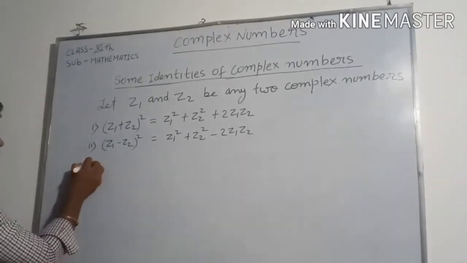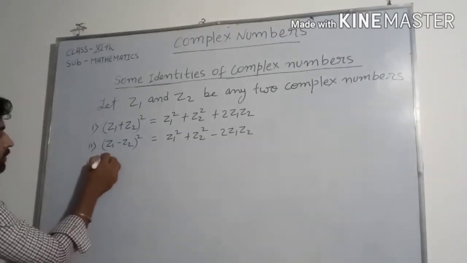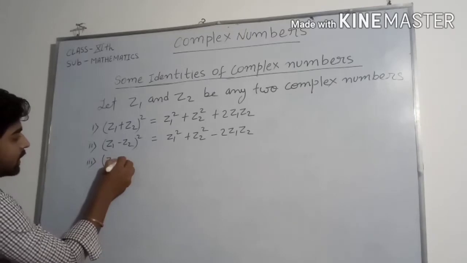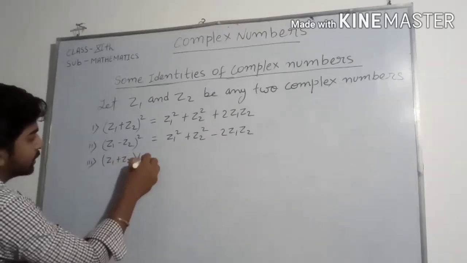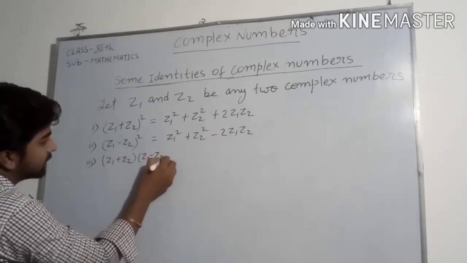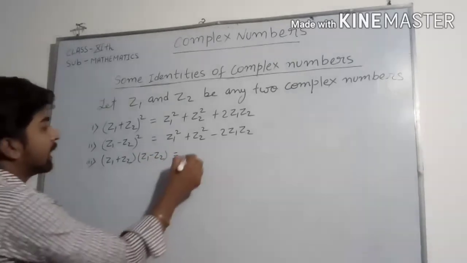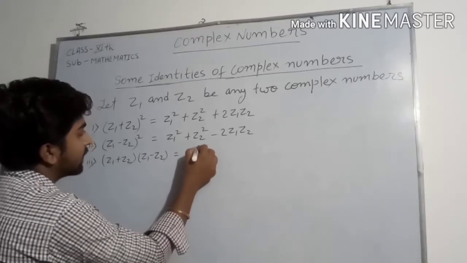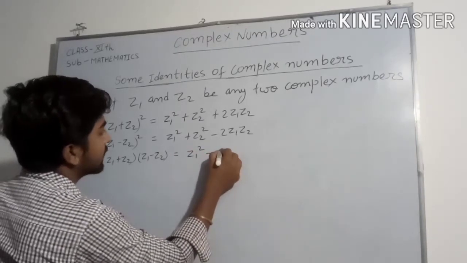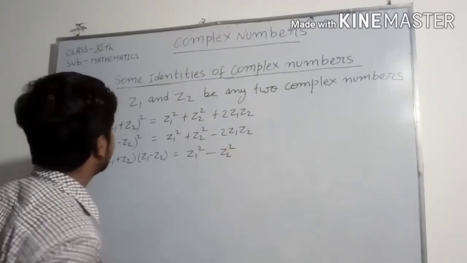Third identity, Z1 plus Z2 into Z1 minus Z2 equals Z1 square minus Z2 square.